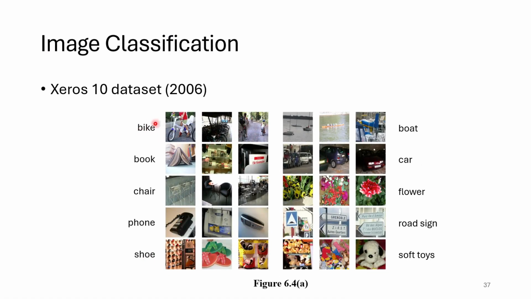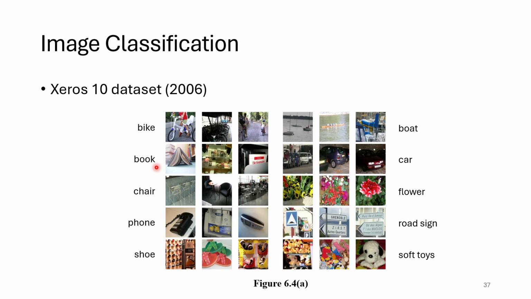All of them are bikes, all of them are books. So this is a more challenging question, because we are not looking for a specific shape or key points. We need to find some common feature shared by all those images.